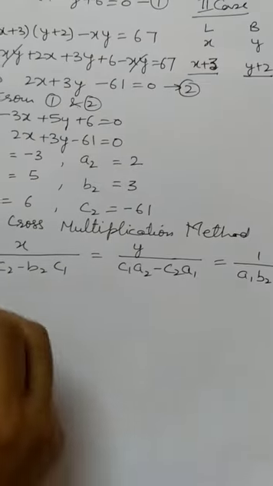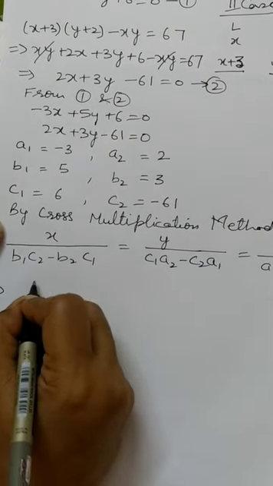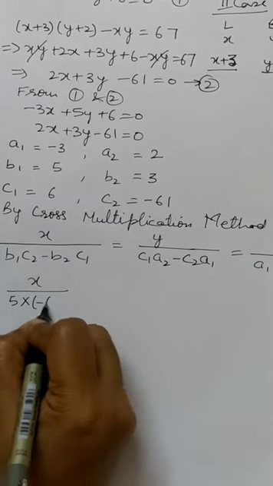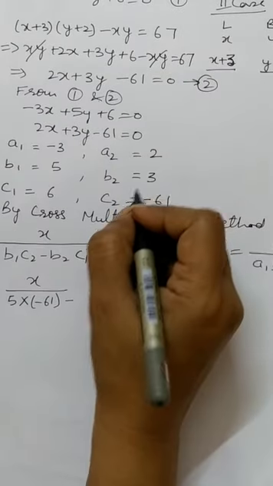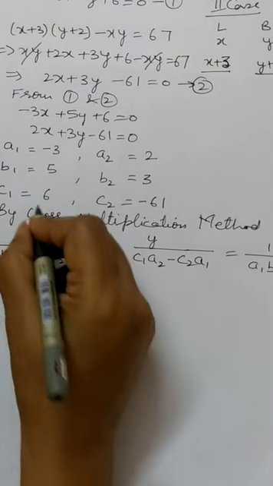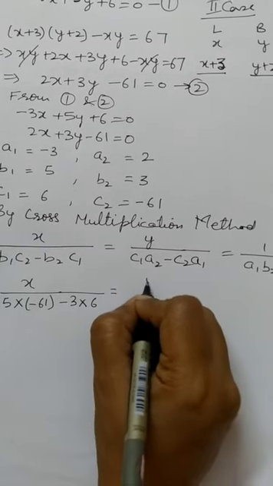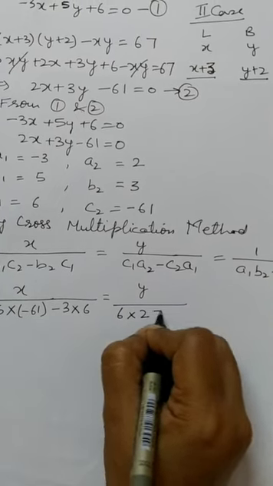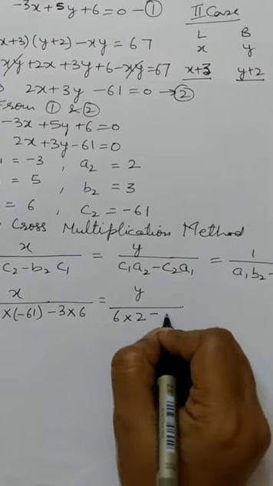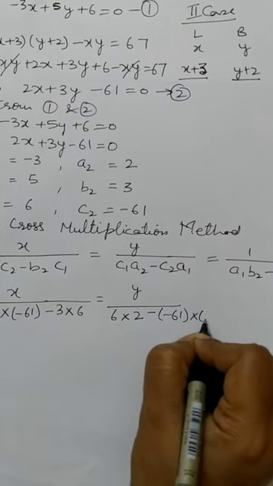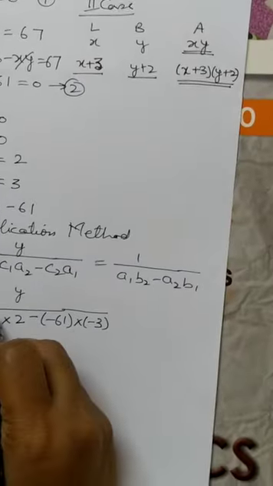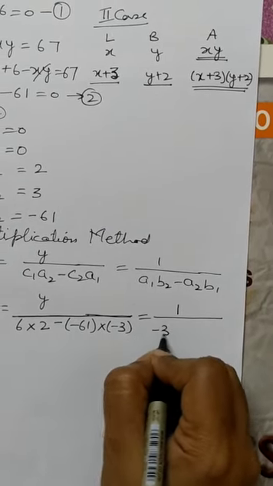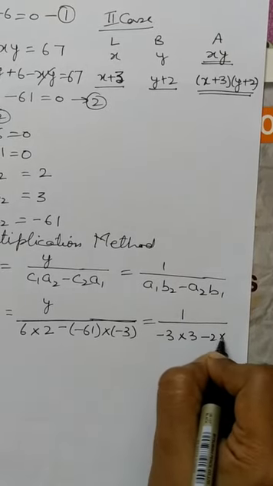Let us put the correct values at the correct place. x upon b1 is 5, so 5 into c2 is minus 61, minus b2 is 3 into c1 is 6, equal to y upon c1 is 6 into 2 minus c2 is minus 61 into minus 3 which is a1, equal to 1 upon a1 minus 3, b2 is 3, minus 2 into 5.